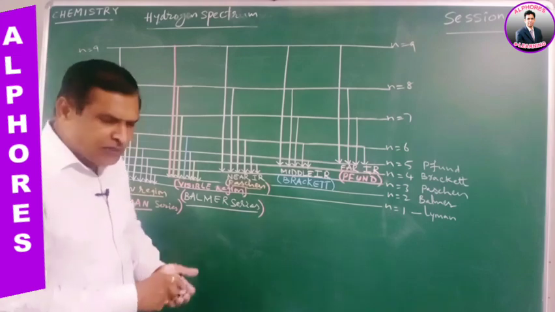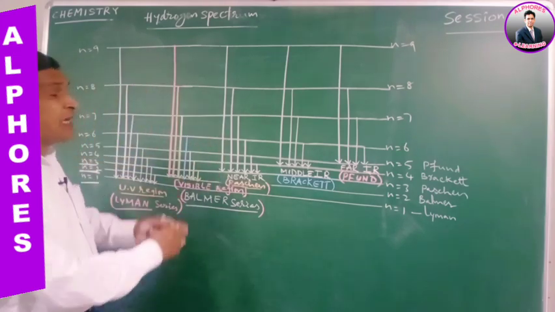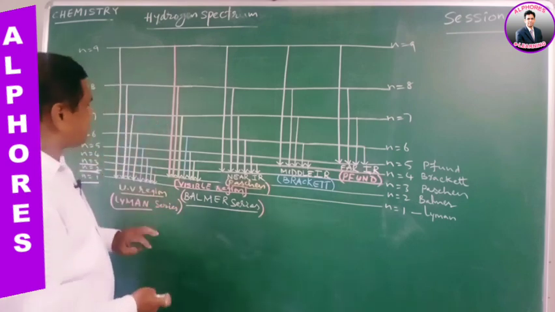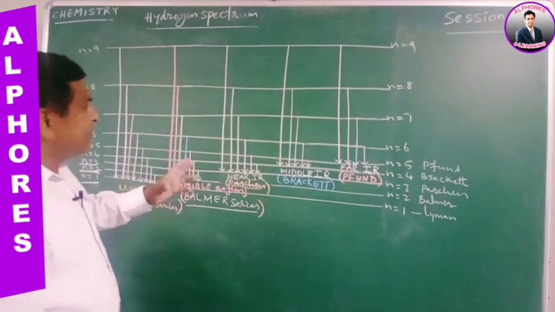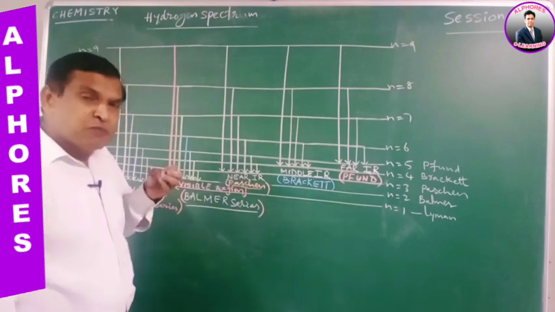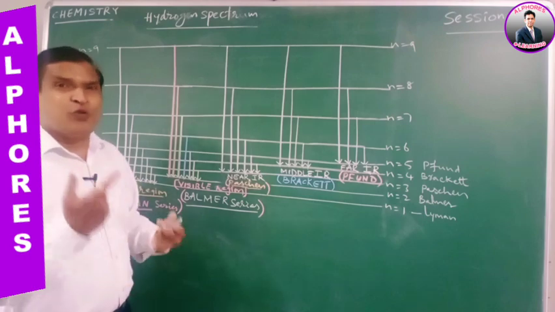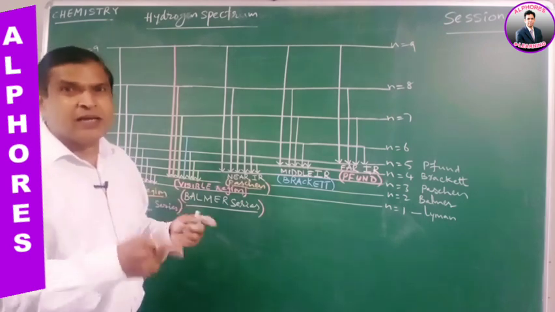Now coming to the very important point. In any series, how do we identify the different spectral lines? The different spectral lines are identified by a special terminology. For example, in the Balmer series: first line, second line, third line, fourth line.